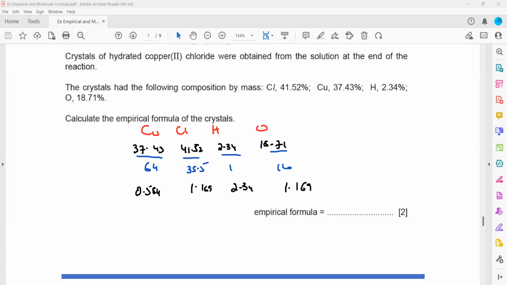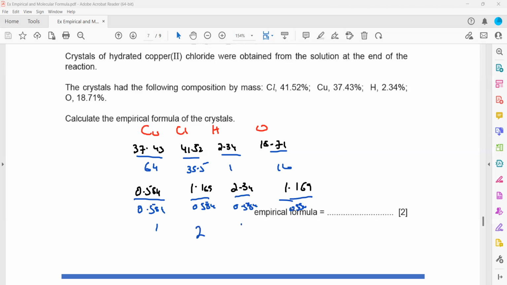Then we divide by the smallest value in the combination, which is 0.584. So divide all of them by 0.584. 1.169 divided by 0.584 will be 2.000, that's 2.